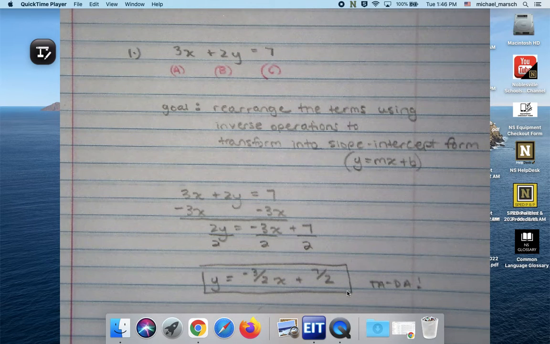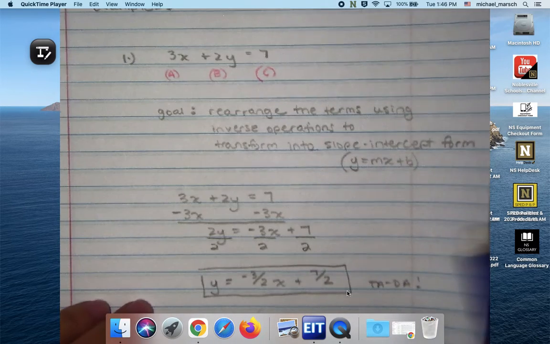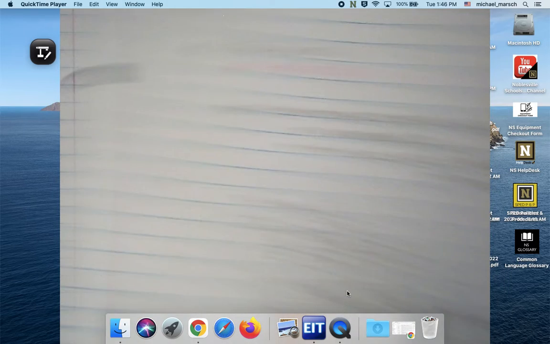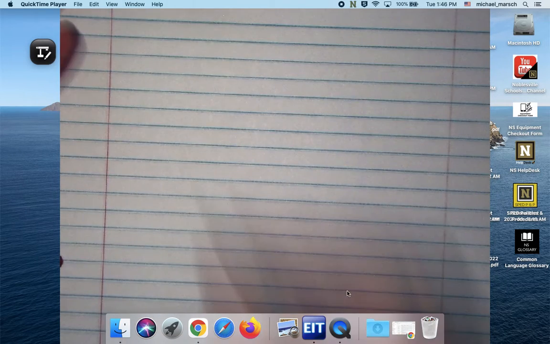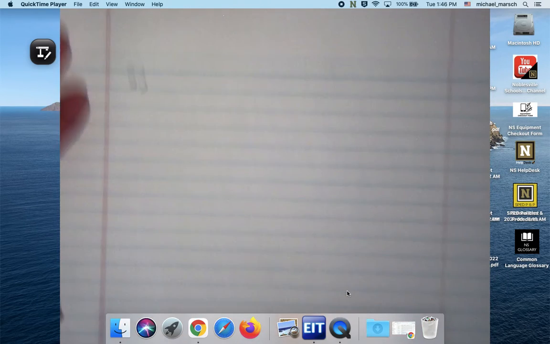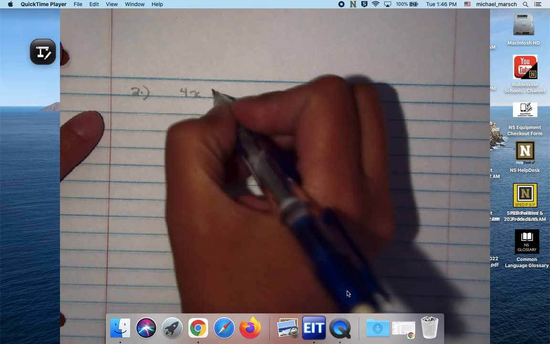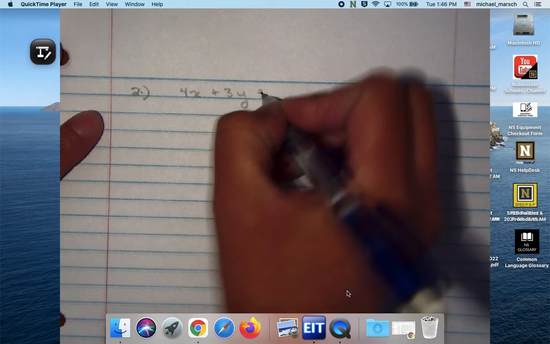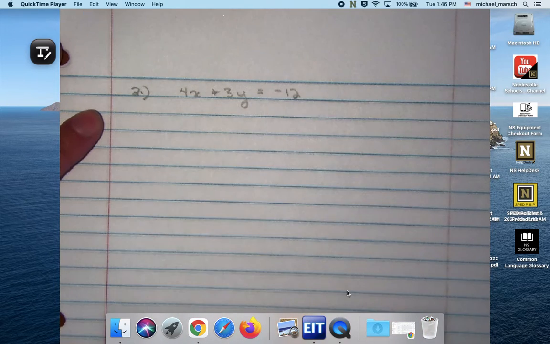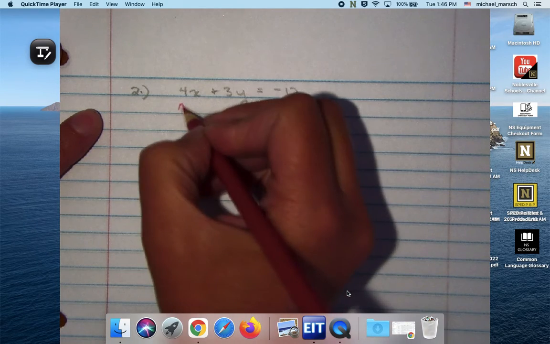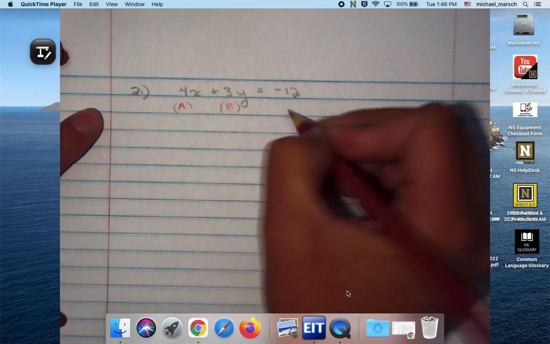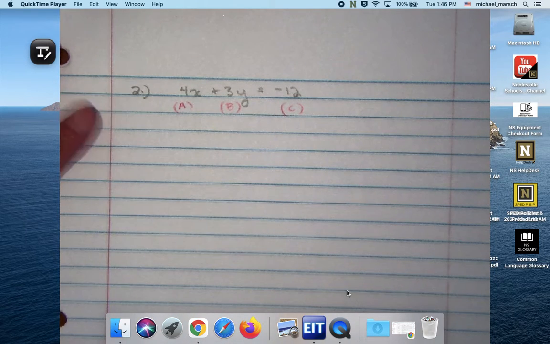Awesome. Okay, let's do another one. I'm going to go to the next page because I don't have room on this one. So I've got my A, my B, and my C for my standard form.